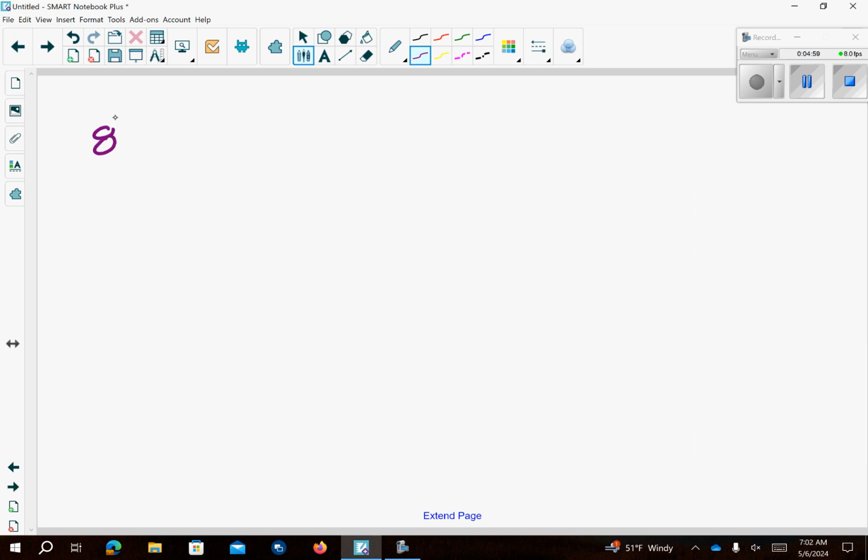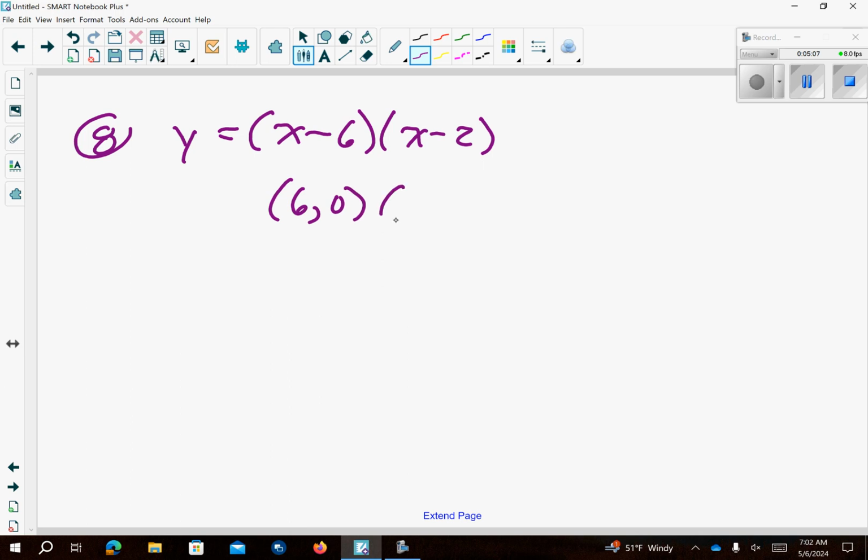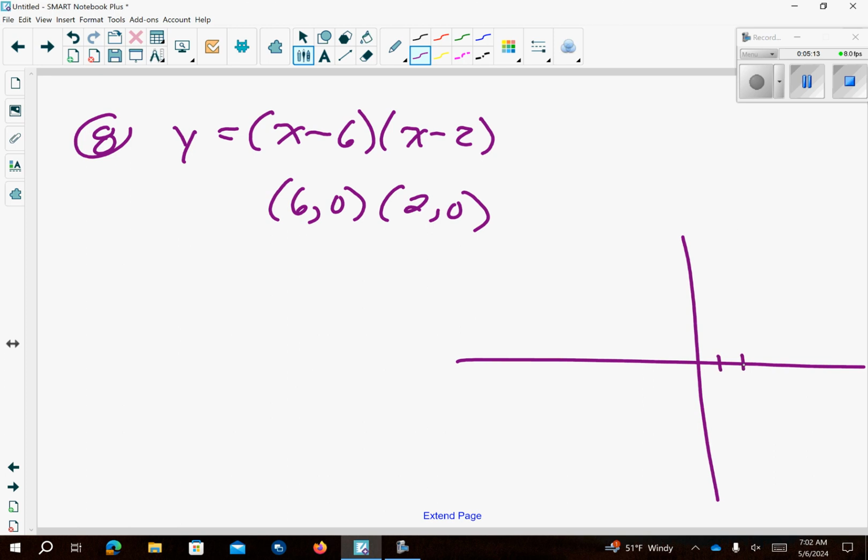Number 8, if we want to graph it, we have y equals x minus 6, x minus 2. So this crosses the x-axis at 6, 0 and 2, 0. So 1, 2, 3, 4, 5, 6. Think about what's halfway in between, which is going to be 4. 4 is halfway in between.